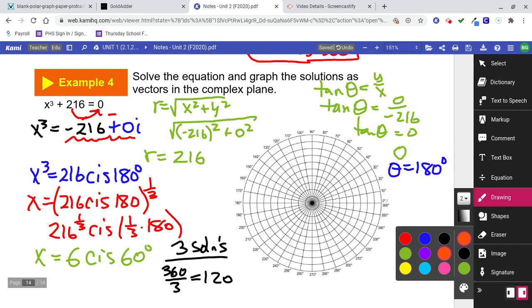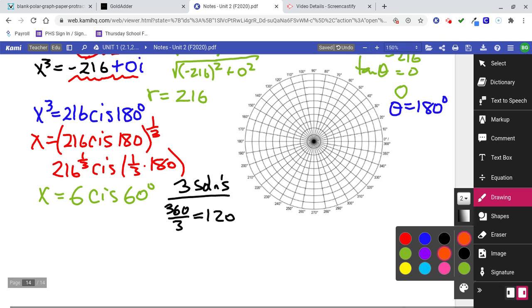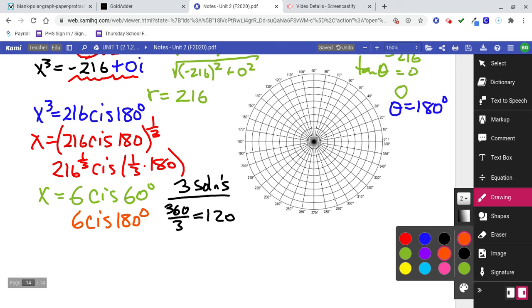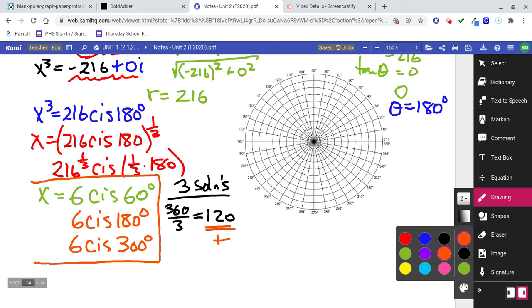So, I'm going to add 120 a couple of times. If I add 120, I'm going to get 6 cis 180. And if I add 120 again, I'll get 6 cis 300. I'm just adding this 120. And those are my three solutions.